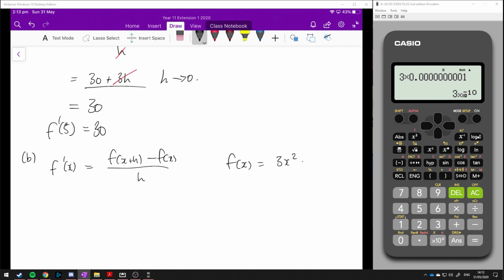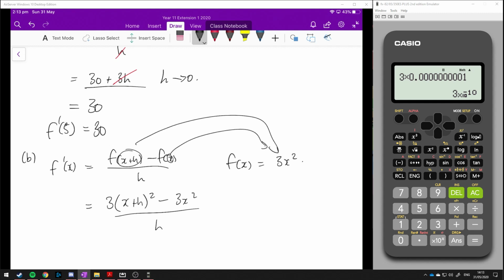So for the first bit, whenever I see an x in my original function, I'm going to replace it with x plus h. So we're going to get 3 lots of (x plus h) squared minus 3x squared over h. So that's just replacing x plus h into the x's here, and replacing the x's there, which doesn't actually change anything.